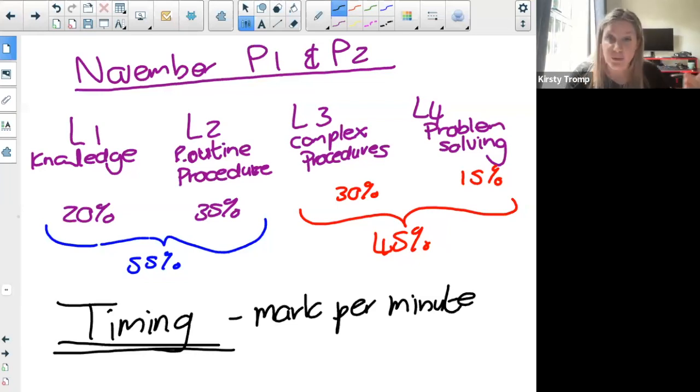If the question is 3 marks, you're taking 3 minutes. If the question is 5 marks, you're taking 5 minutes. Do not go down that rabbit hole of some students who are like, oh, the question's 5 marks, oh my goodness, I need to spend 20 minutes doing this question because it's so hard. No. 5 minutes, 5 marks, 5 minutes, move on. That's what you need to be sticking to, timing.